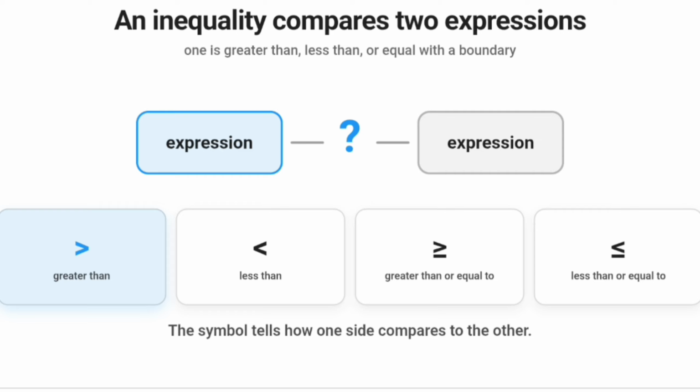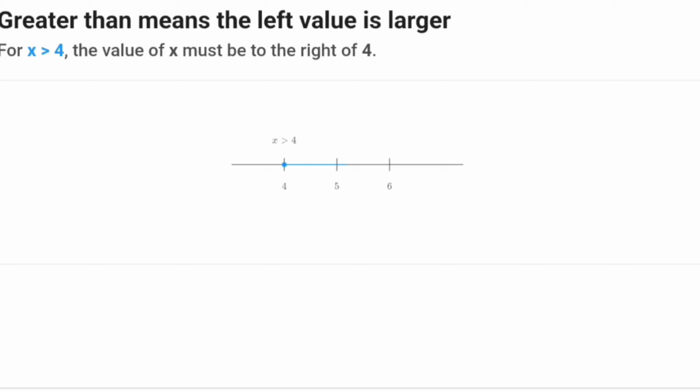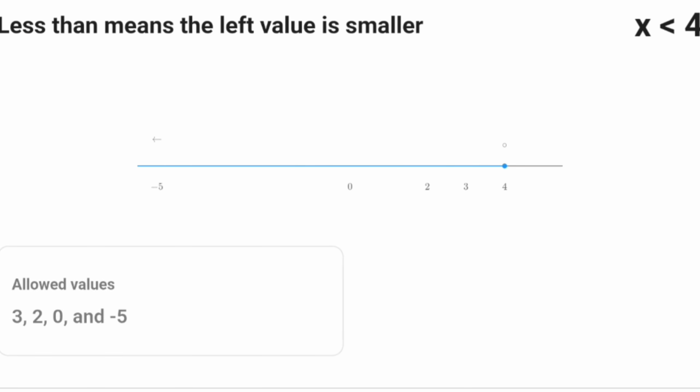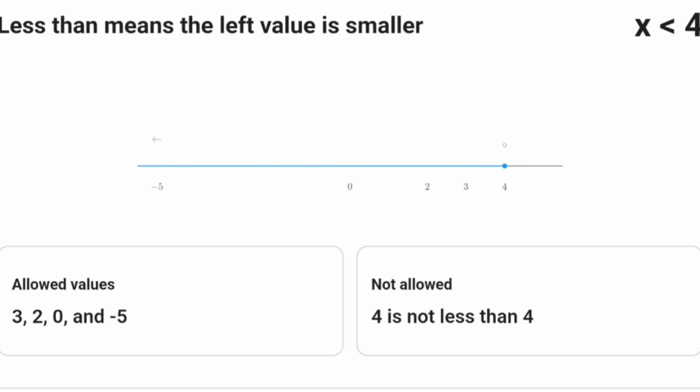An inequality is a mathematical sentence that compares two expressions by saying one is greater than, less than, greater than or equal to, or less than or equal to the other. The symbol greater than means the value on the left is larger. So the statement x > 4 allows numbers such as 5, 6 and 100, but it doesn't allow 4. The symbol less than means the value on the left is smaller.